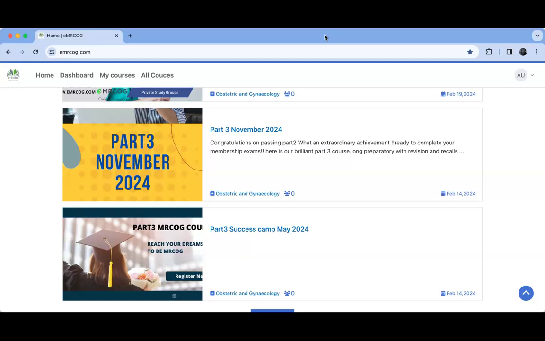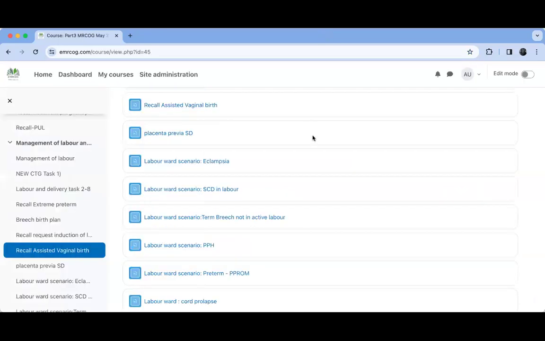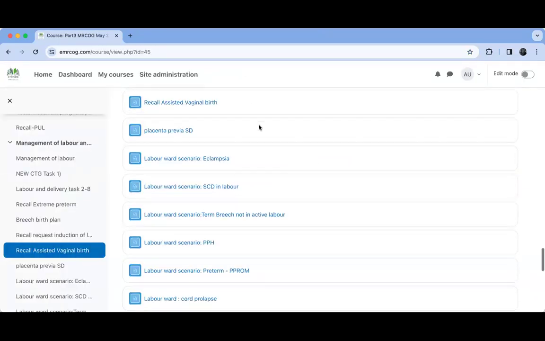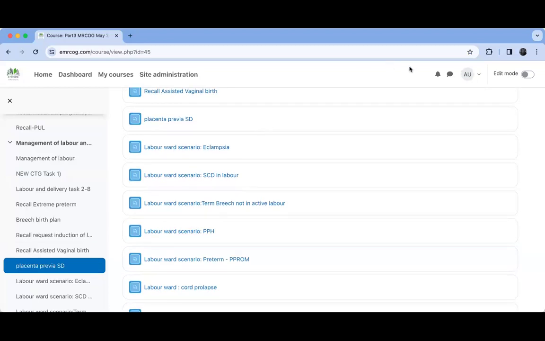So here are some keys for the most common cases of the labor ward and the most common emergencies that come. One of them is sickle cell disease in labor, and let's see the recommendation for this task.